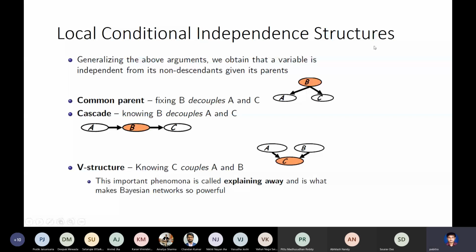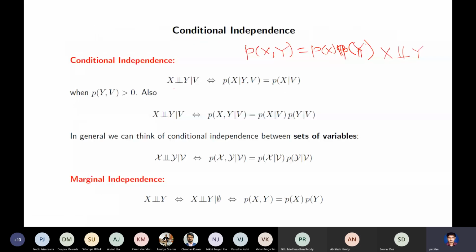So then we write this notation: x is independent of y. And now we have an additional notion that x is independent of y given v, conditioned on v, if the following holds: p(x, y | v) is p(x | v) times p(y | v).